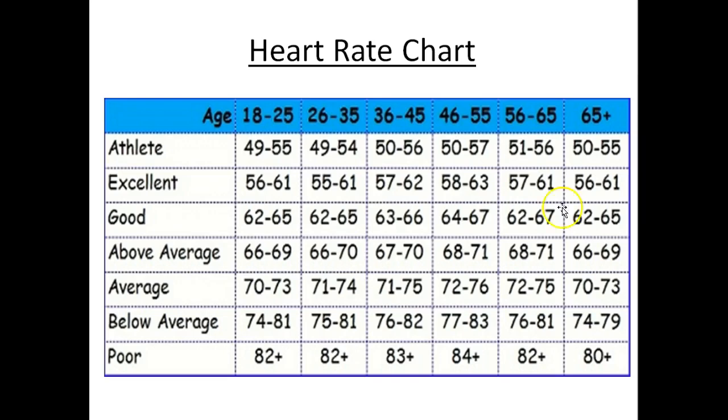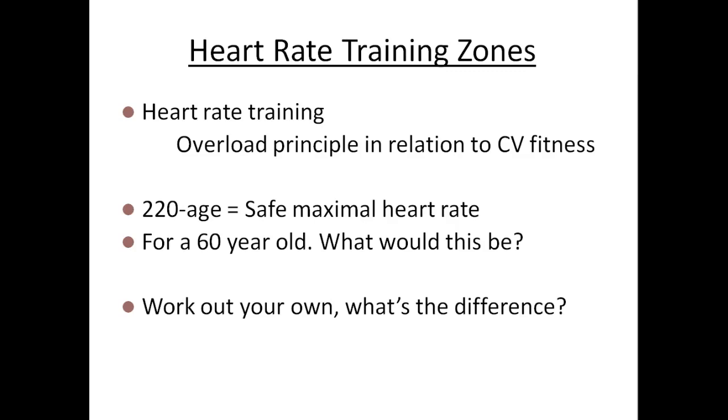But we can see that we can work with you depending on where you are according to your age. Obviously the older you get, the harder it is. But you can still get fit people all the way up into their 60s, 70s and 80s. It's all about training. So measure your resting heart rate now, and according to your age, mark yourself from athlete to poor.